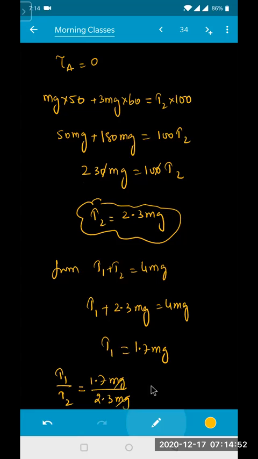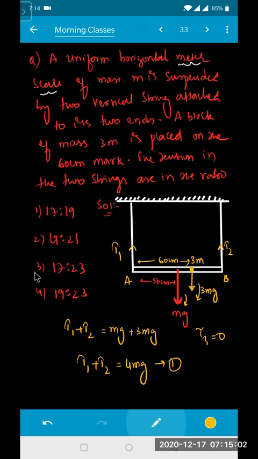The mg cancels, so this will come out as 17 by 23. Isn't it? So 17 is to 23 will be the answer for this question. I hope you got something related to this one. So those are the conditions. How do we calculate the given conditions part of relations?